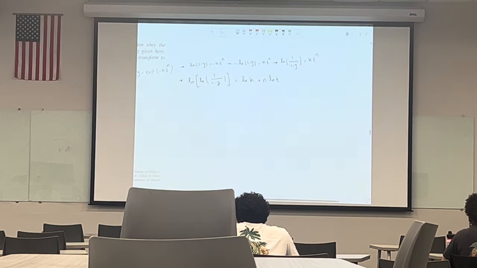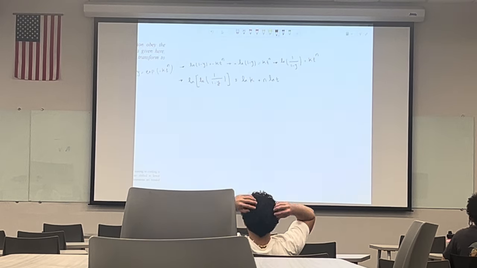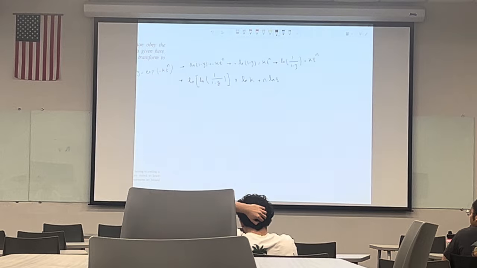I know it's very annoying, but that's the way we transform the equation to this form, because we want to find k and n.